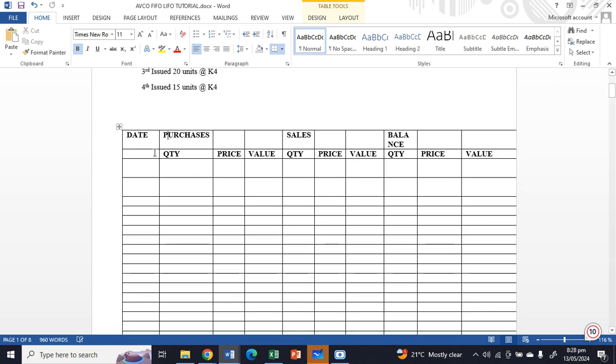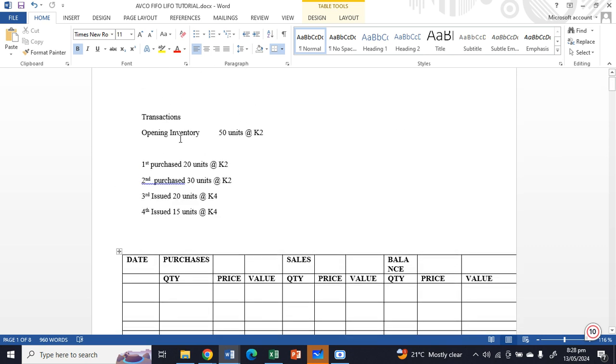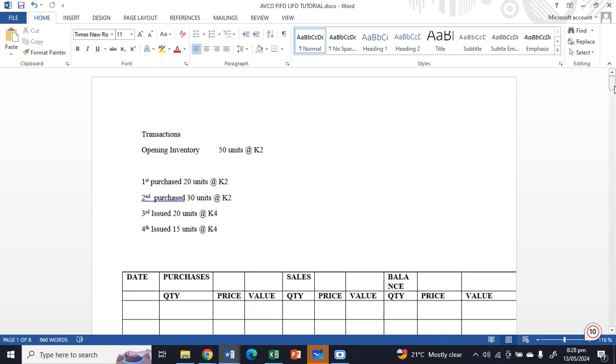Then the date here. So I've got some transactions here, and we have to use the average costing method to value our inventory. First things first, you always need to put in the opening inventory. These are the goods you start with at the beginning of the year. In this case, our opening inventory is 50 units of this good.